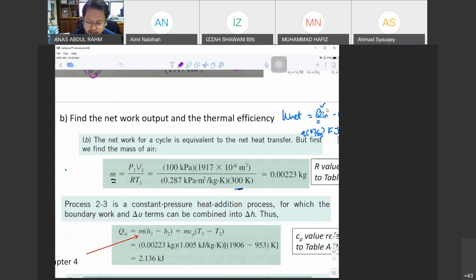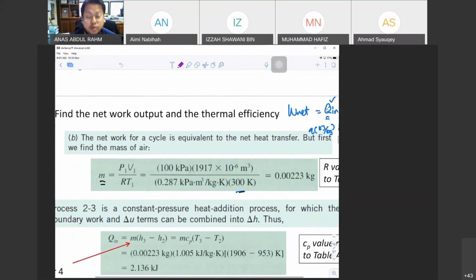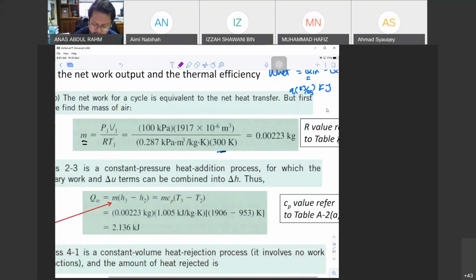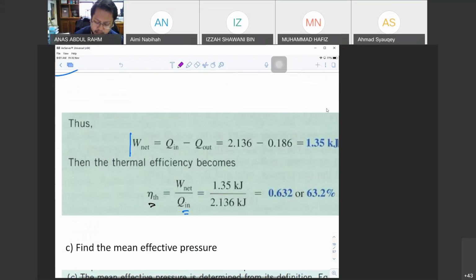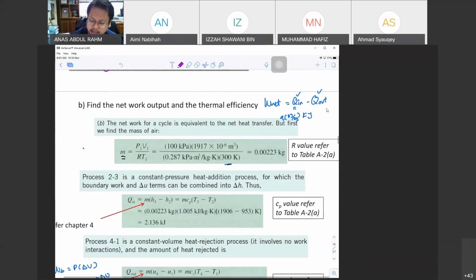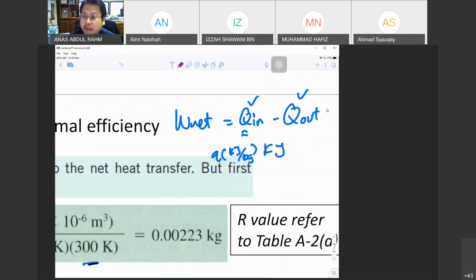Next, we want to find the net work output and the efficiency. For efficiency, this is the standard equation that we use. So we know we need to find W net and Q in. The definition of W net is just Q in minus Q out.